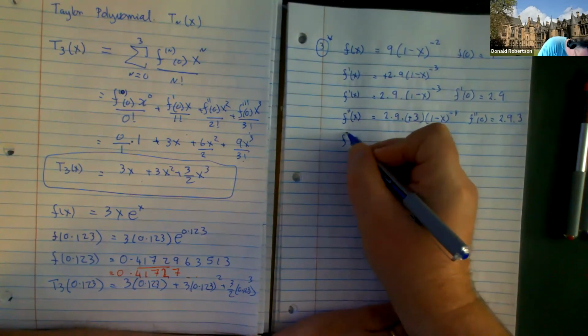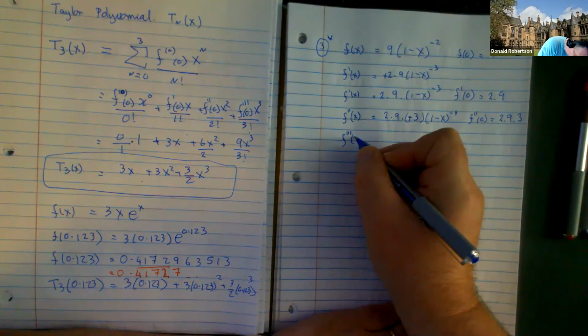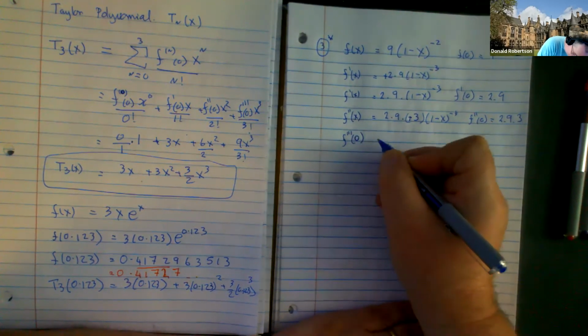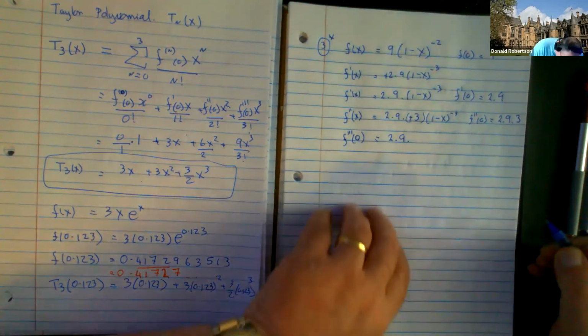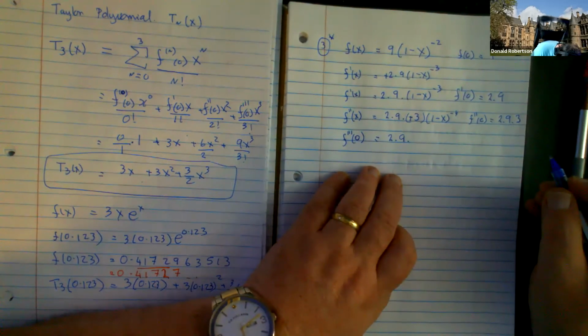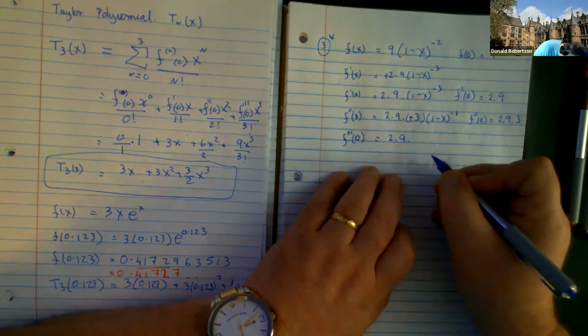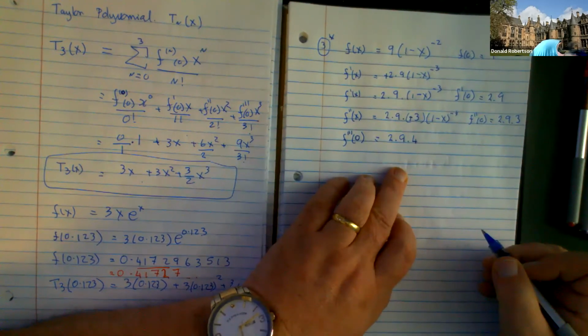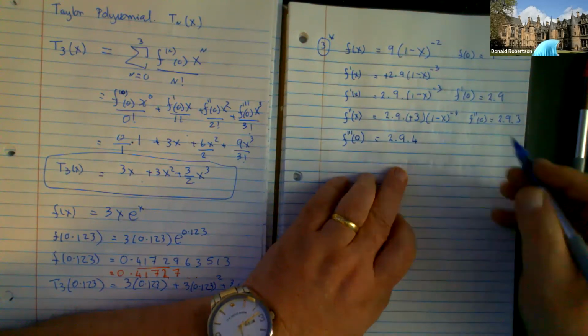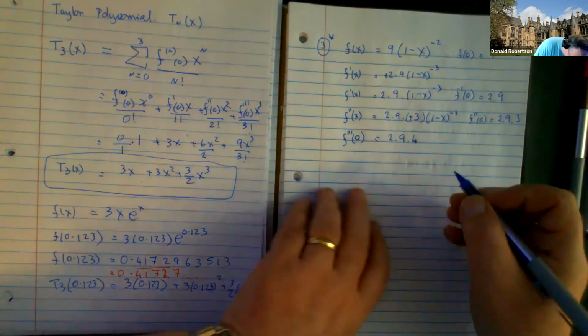Now, to save time, I'm going to tell you what the third derivative at 0 is. It ends up being 2 times 9 times 4.